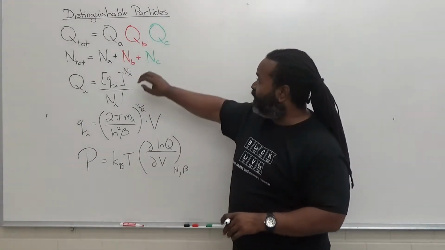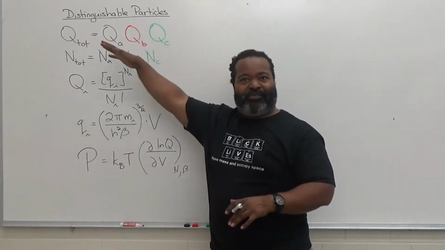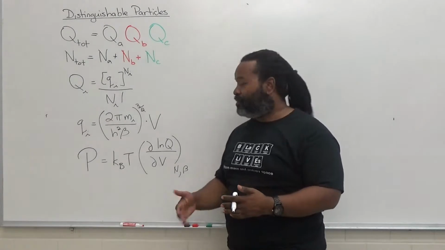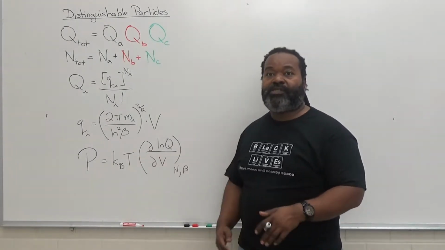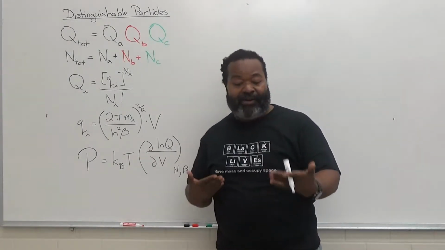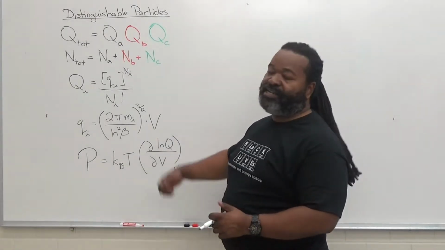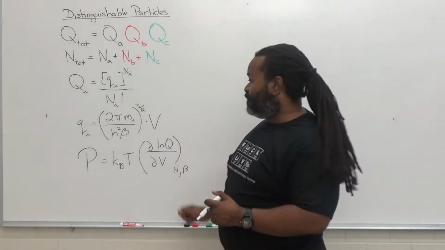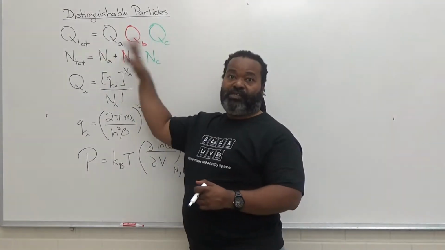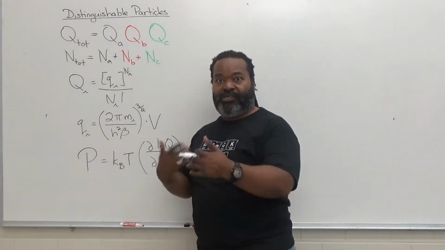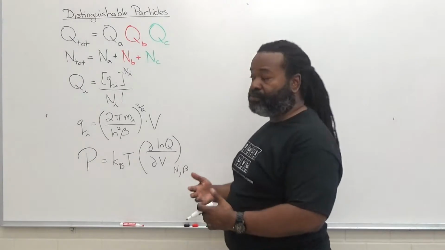So we have a partition function. It's a little more involved because we have distinguishable particles. We have a formula that we can use, and so we can actually get out an answer. So the first thing we need to do is actually find ln of q total, since we want to find the total pressure of this system of three different ideal gas particles.